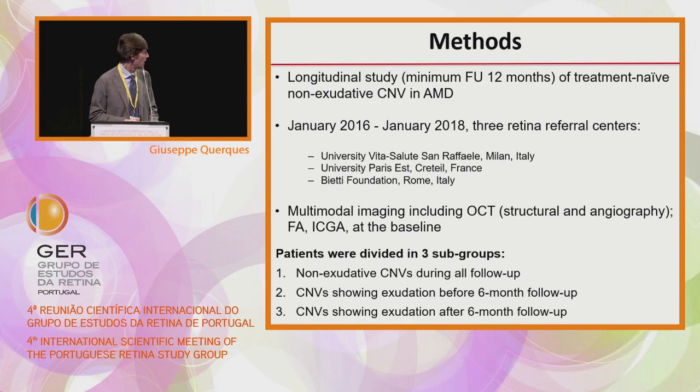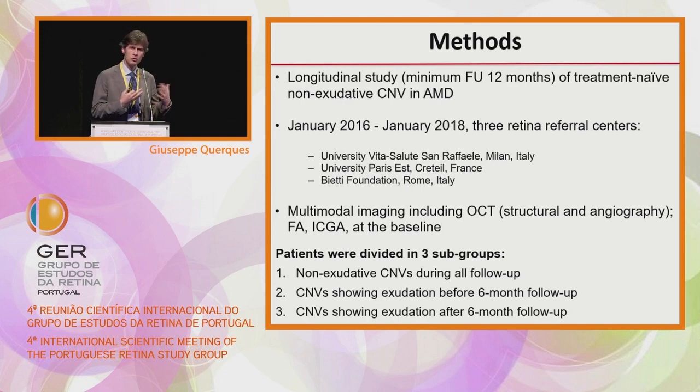One is the real quiescent neovascularization, the one that never shows exudative changes over time. The other one is the group that is very close to what was described by the Phil Rosenfeld group, the group showing exudation before 6 months.